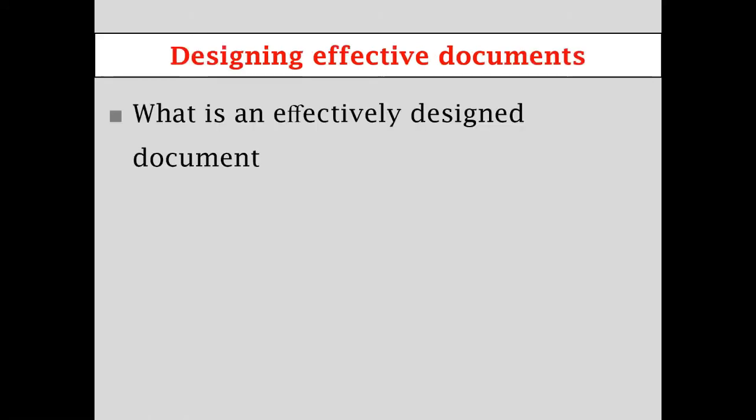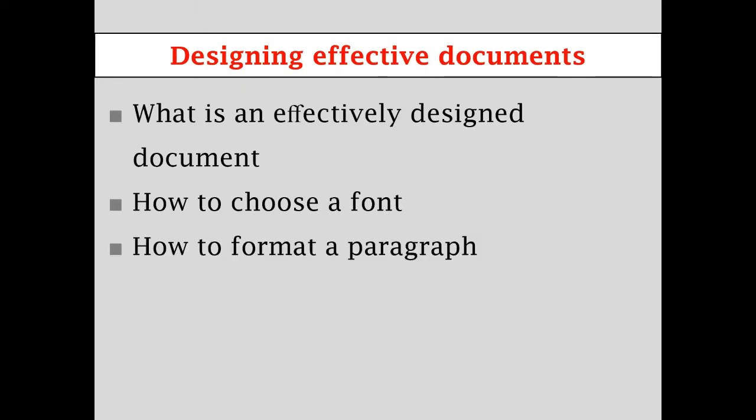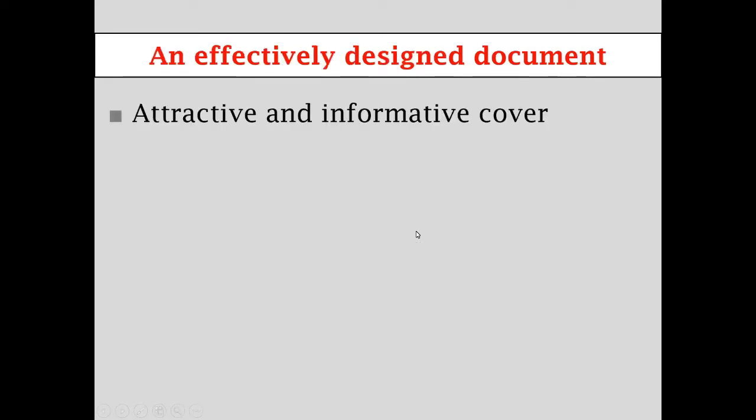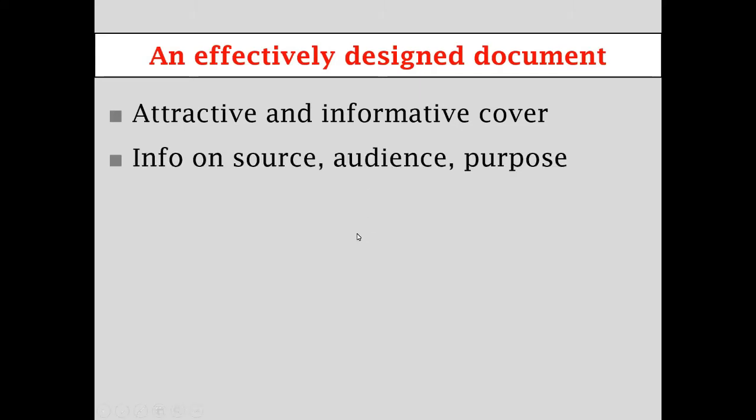So how do we actually go about this? How do we design effective documents? We need to do this right from choosing a font, how you format paragraphs, page size, and so on. So this is what a good, well-designed document looks like. It should have an informative cover, not only attractive, but informative.